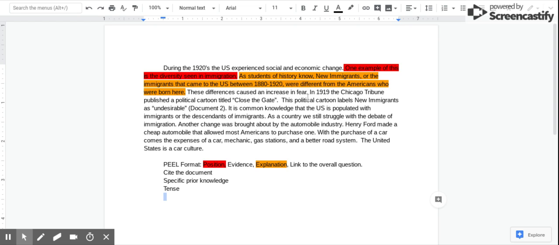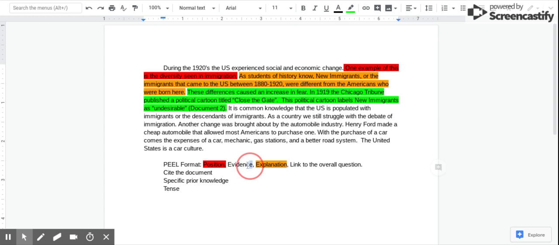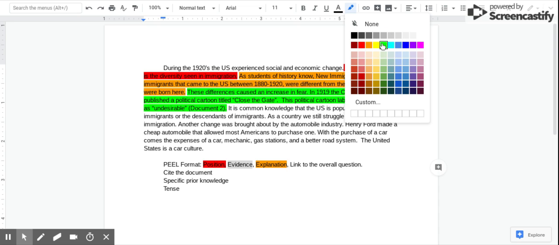This political cartoon labels new immigrants as undesirable. So this is going to be my evidence to support what I have already said. So let's highlight that there.